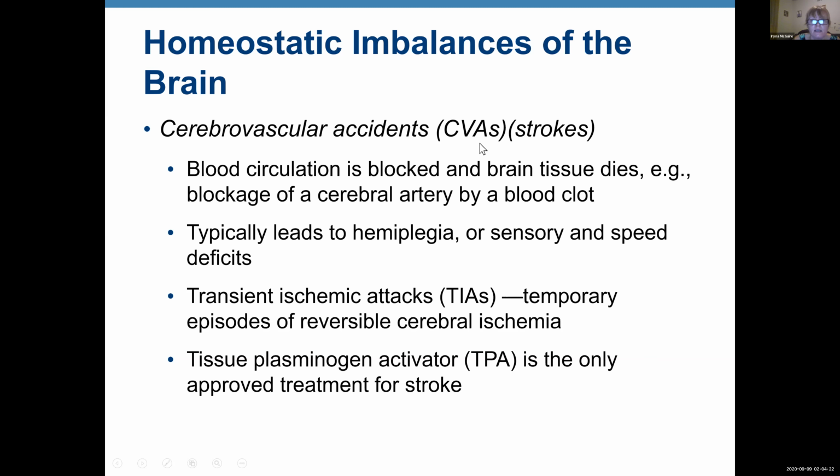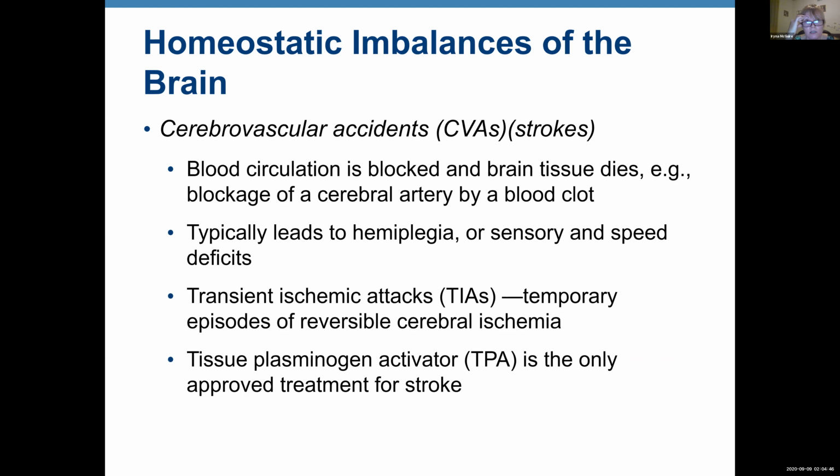So CVA is death of the brain cells, right? And why would they die? They start dying mostly because they don't get oxygen. So if they don't get oxygen, then they cannot make ATP, they cannot function, so they start dying.